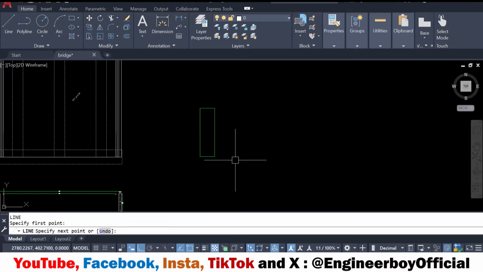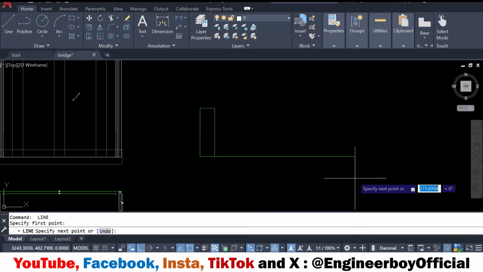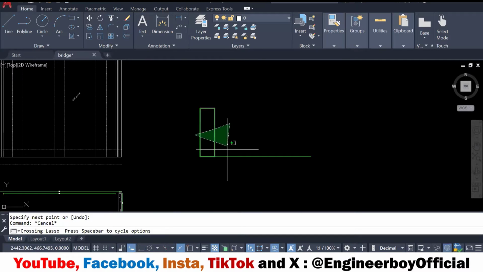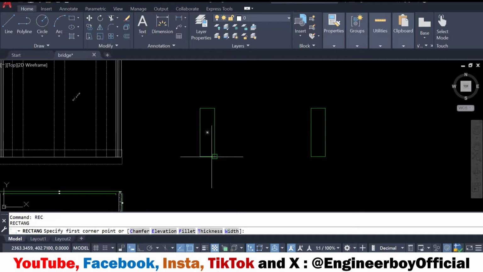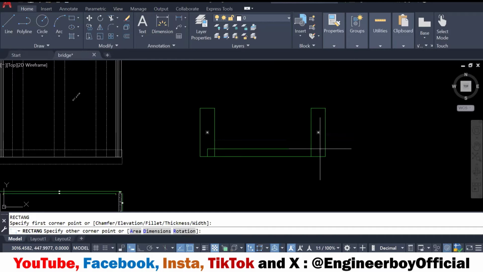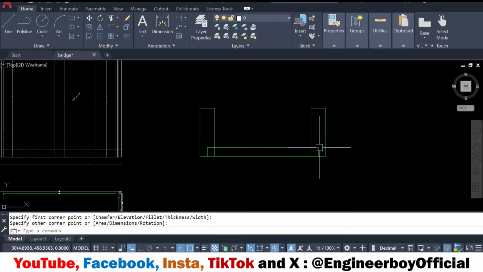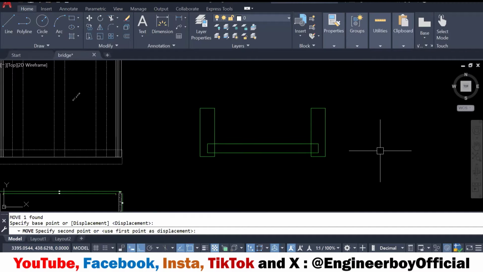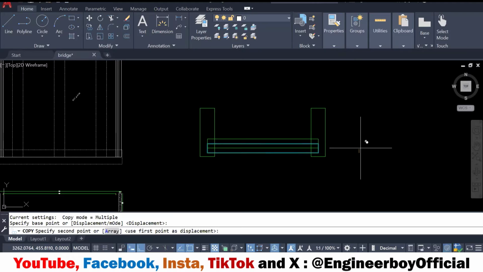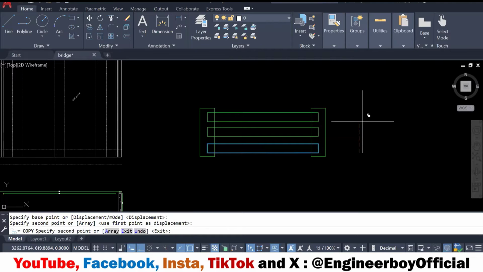Now the span is actually 6, from this point till there, so it means 600. Now let me take its mirror, and I'm going to remove this. Now we have a girder. Let me draw the girder, from this point till this point, like this. It is of course not at the edge, maybe like that. And I'm going to take its rough copies, maybe like this.